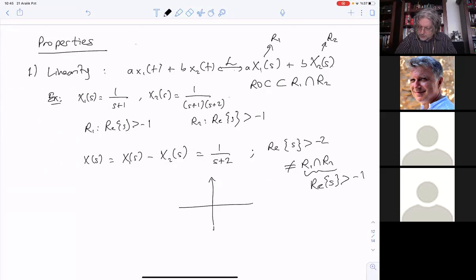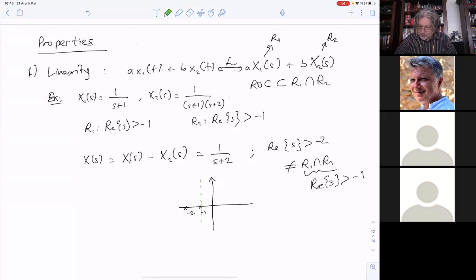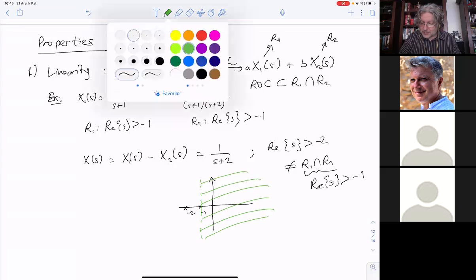Like this. One of them is at -1. The other one is at -2. To the right of -1, as you see, is a smaller region of convergence, but to the right of -2 is a larger one.